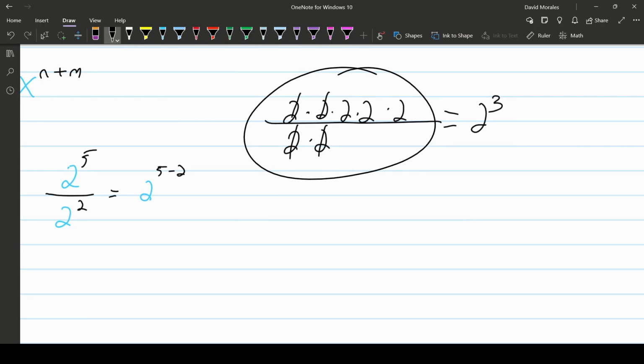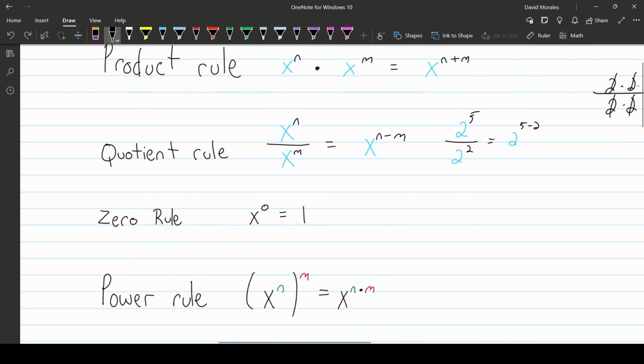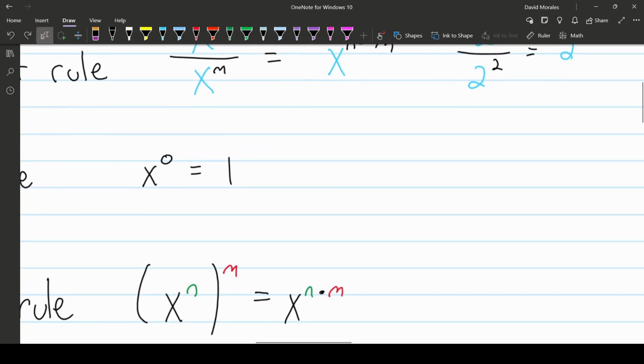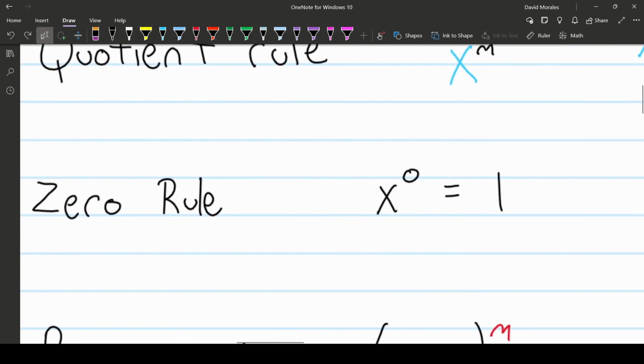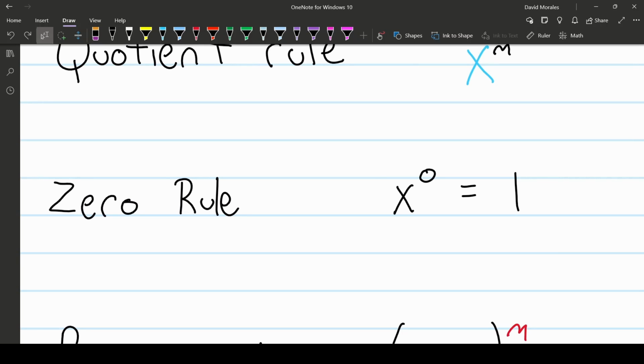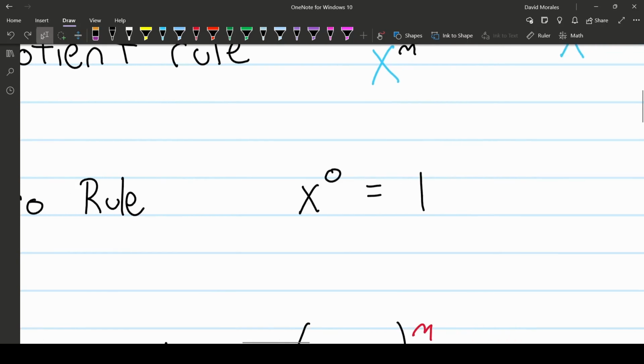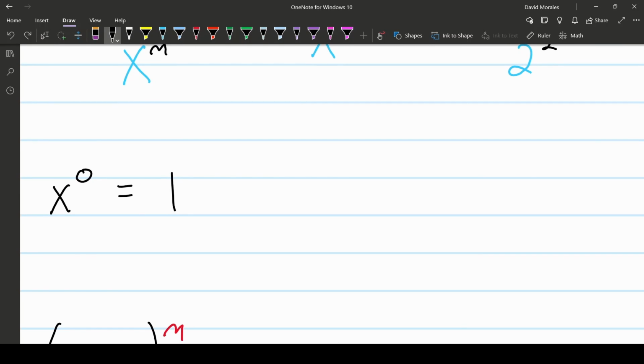Even though I'm dividing here, it does feel like I'm subtracting 5 minus 2. See, there's 5, there's 2 on the bottom, and I'm left with 3 on the top. Let's talk about the zero rule. The zero rule says, hey, anything, doesn't matter what it is, raised to the 0 ends up being 1. So if I had 2 to the 0, 1.